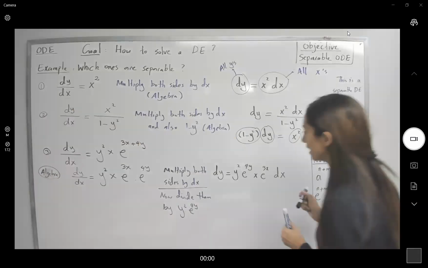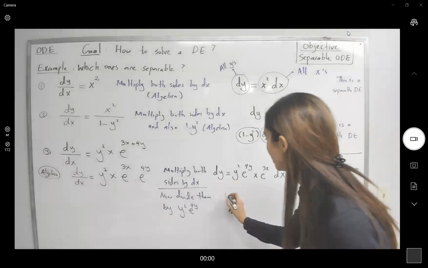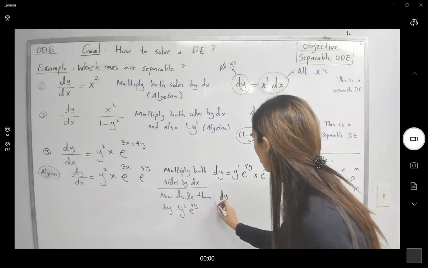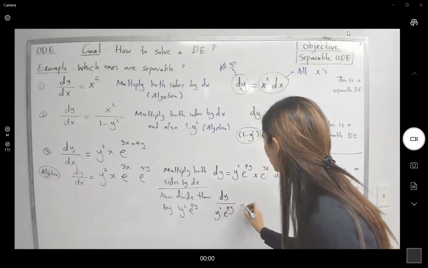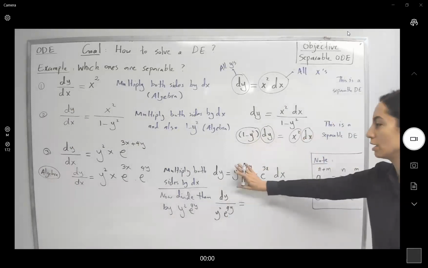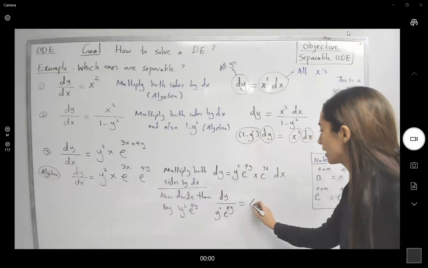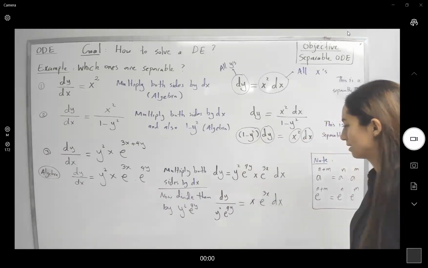Well, what do you get? dy over y squared e to 4y equals, on the other side, when you divide by y squared e to 4y, you get rid of this. You get x e to 3x dx.